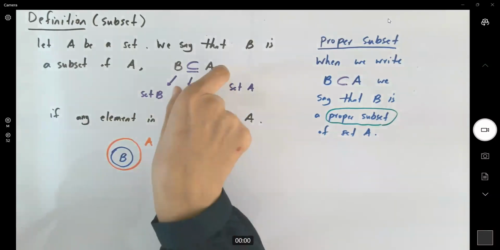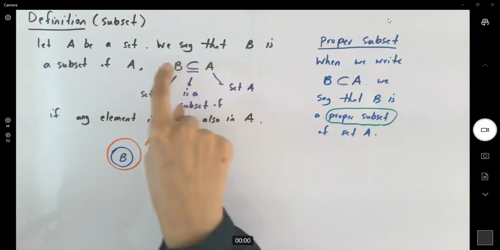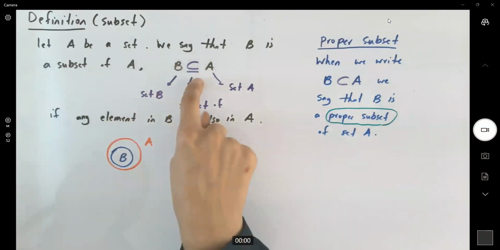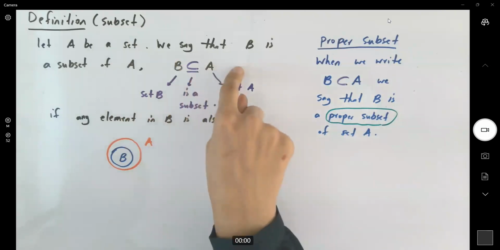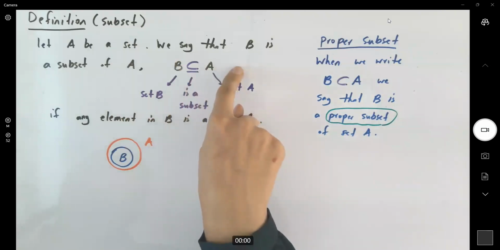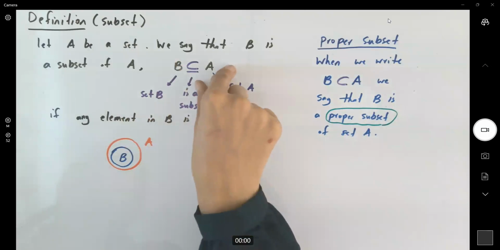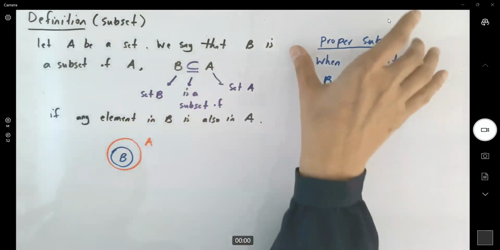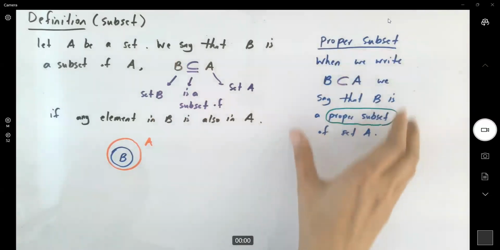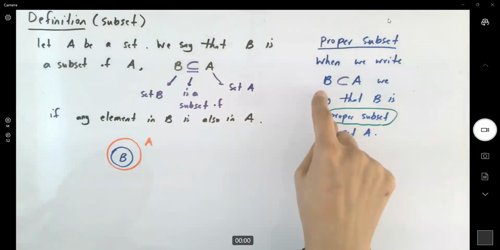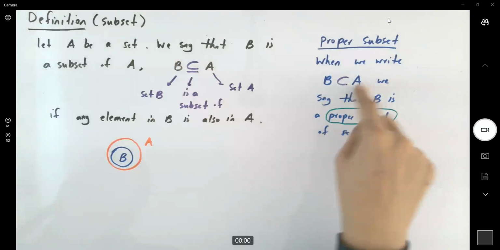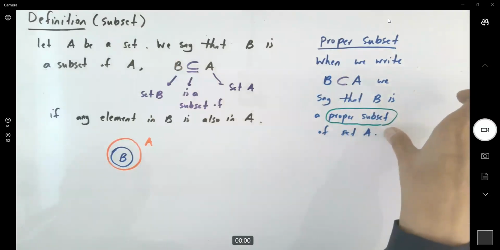In general, we are writing B as a subset of A. So we always include the possibility that B might be a subset of A, and there is a possibility they are equal to each other. Again, in some lemmas, in some theorems, if you don't want B to be equal to A, you have to use proper subset.